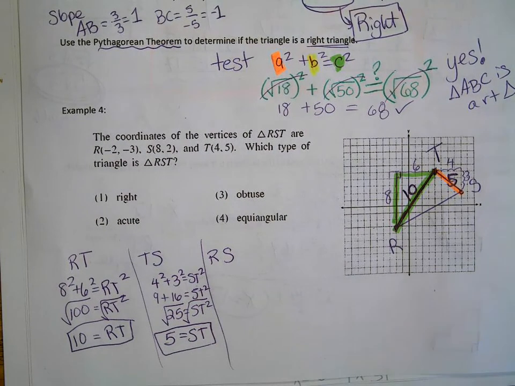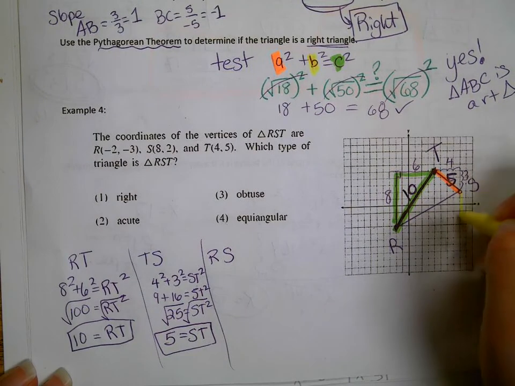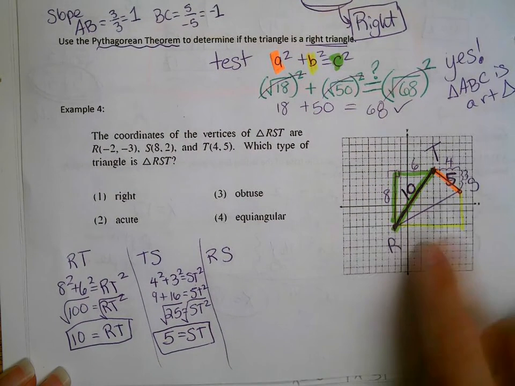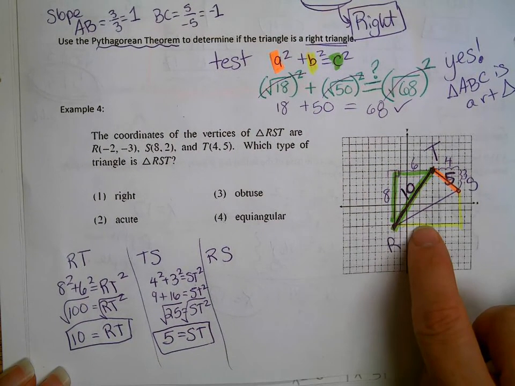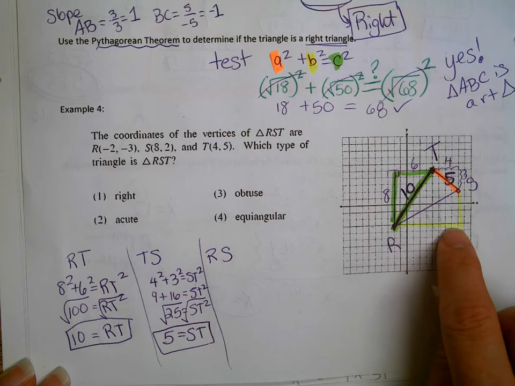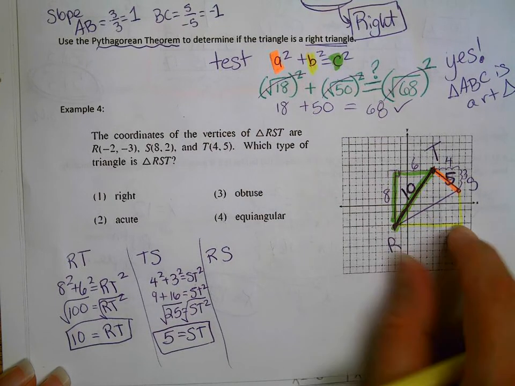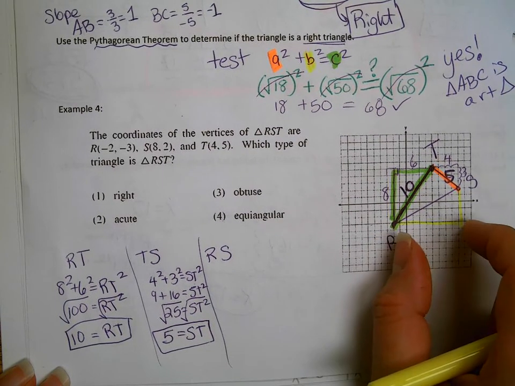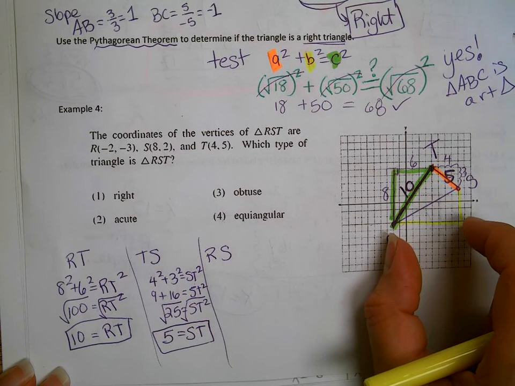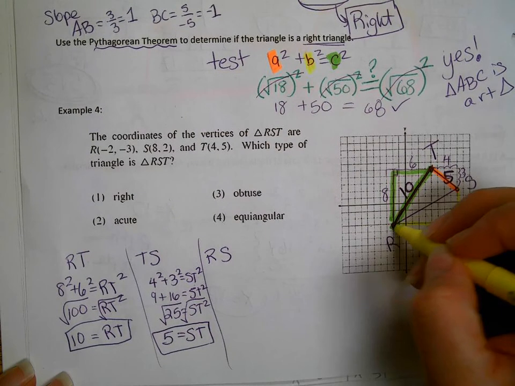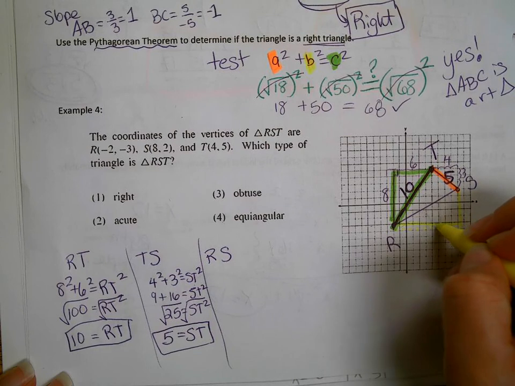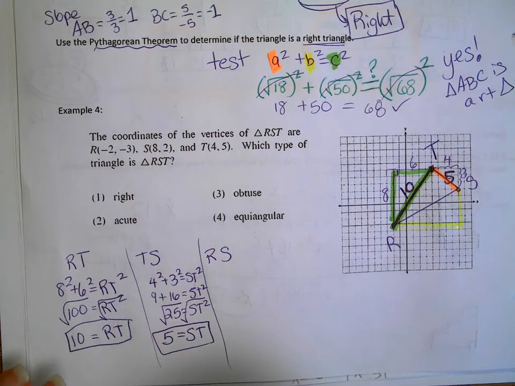Now for the third side, we're going to go down from S and over to R. So we have 1, 2, 3, 4, 5, 6, 7, 8, 9, 10, 11 boxes over because R was to the left 2 and S is over 8. That should be 10 boxes. 1, 2, 3, 4, 5, 6, 7, 8, 9, 10. Yep.